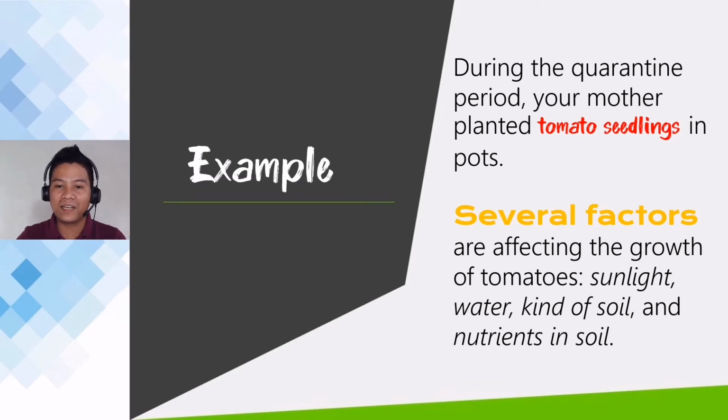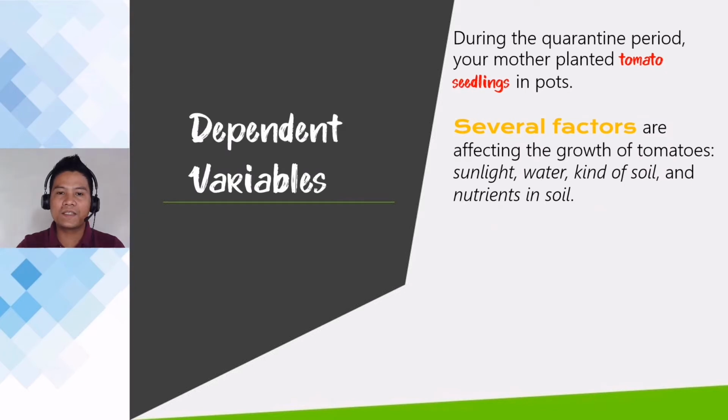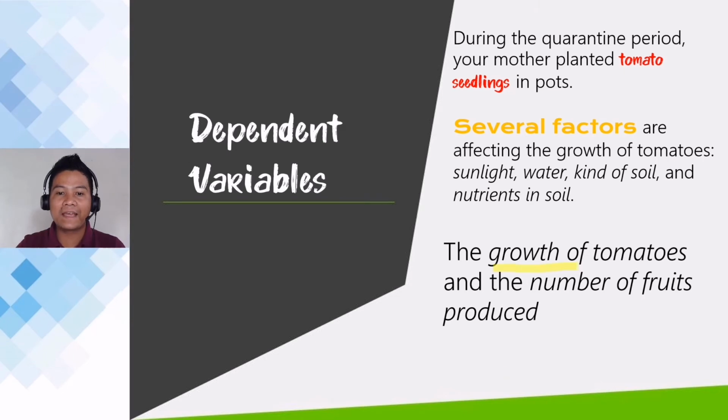We have the sunlight, water, kind of soil, and nutrients in soil. In this example, what are the dependent variables? Correct. The dependent variables are the growth of tomatoes and the number of fruits produced.